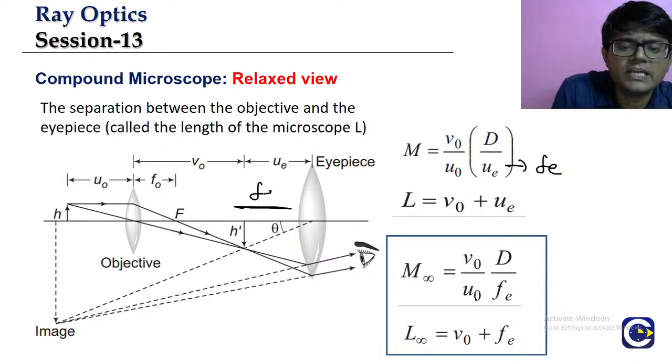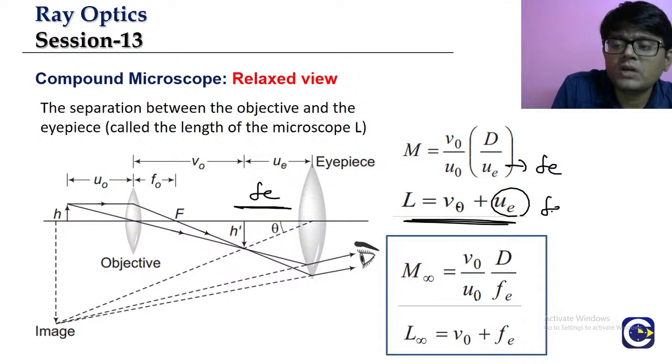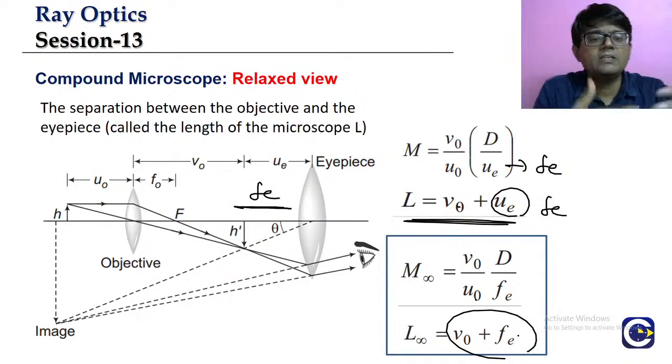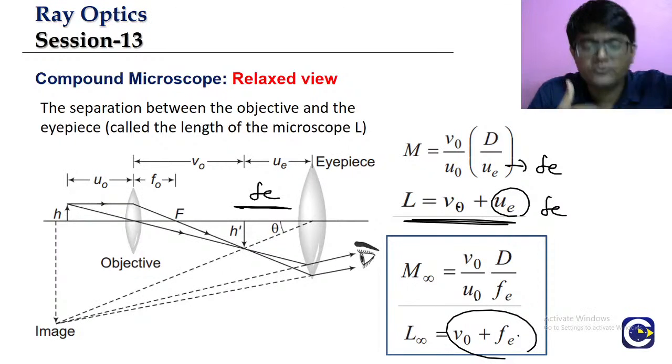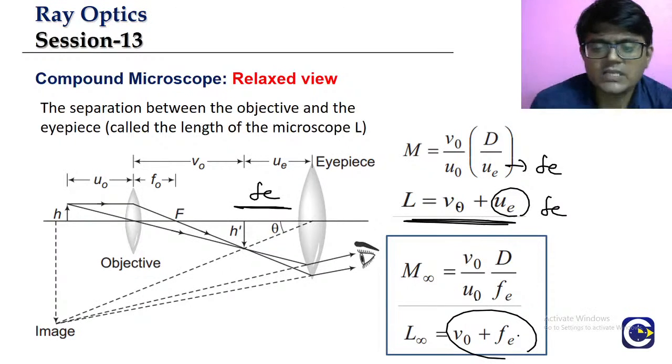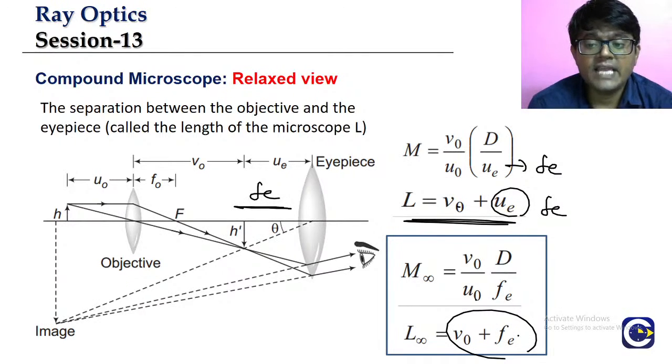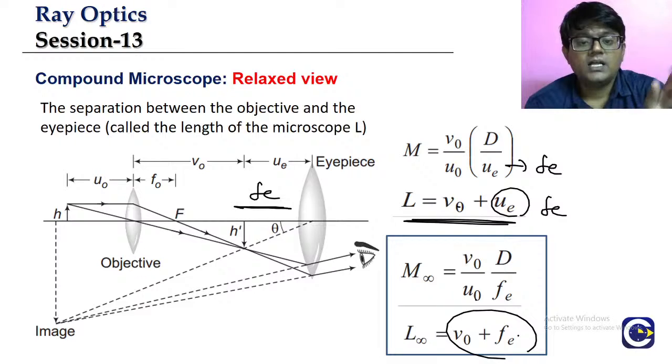What about the length of the microscope? VO plus, in place of UE, we substitute FE. So if we are having the compound microscope used in the relaxed view, in place of UE we will get FE.